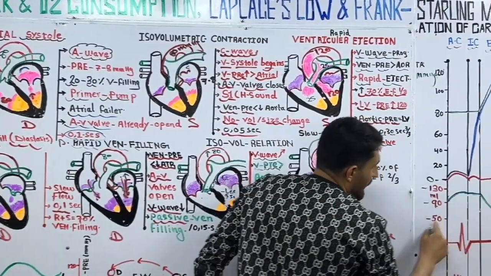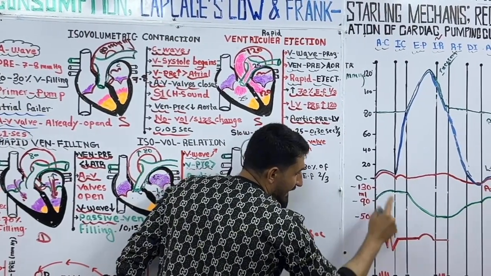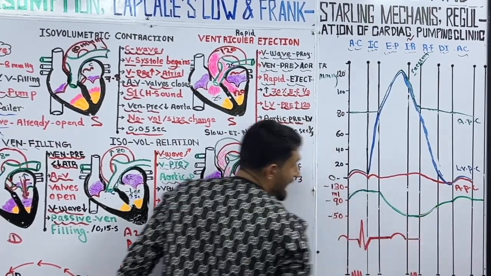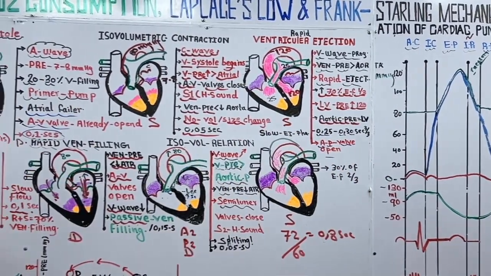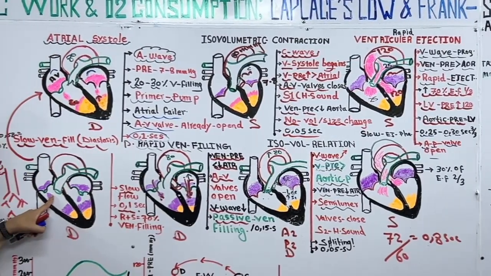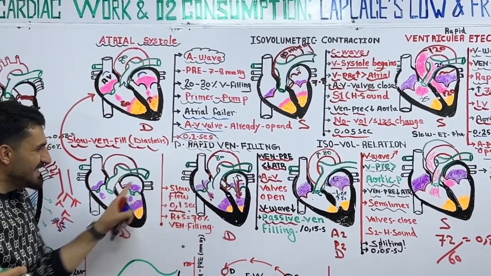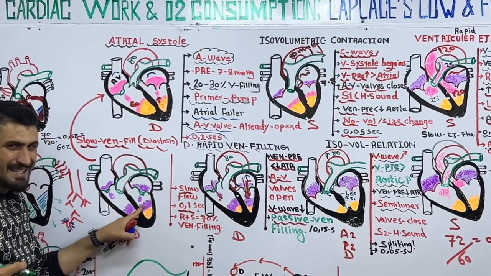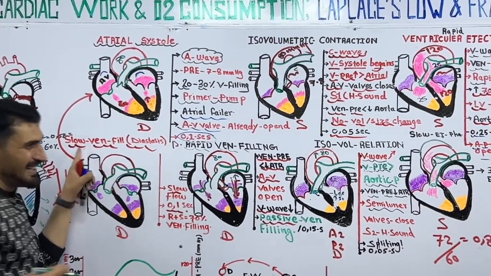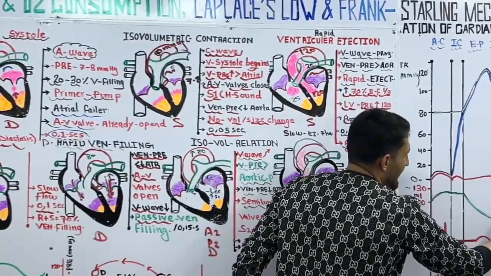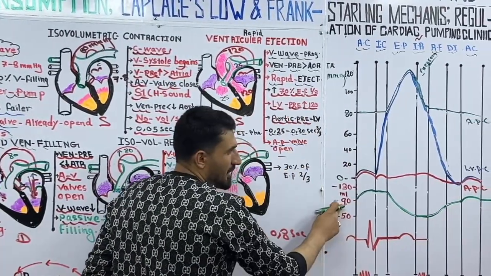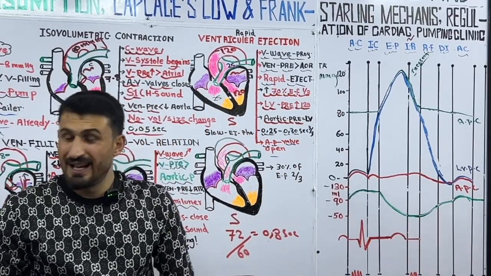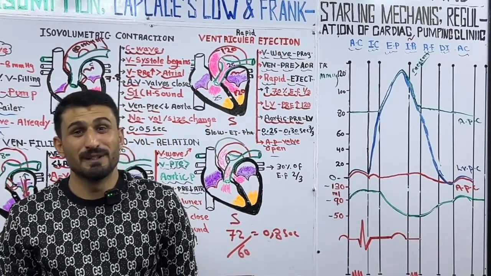So when rapid ventricular filling occurs, I go again from 50 ml up to 70 or 80 ml, and here again slow filling occurs, from 70 or 80 up to 90 ml, and again the atria contract and boost our left ventricle volume further.